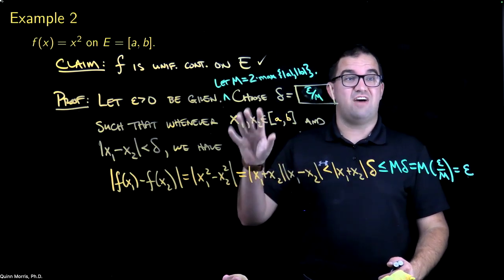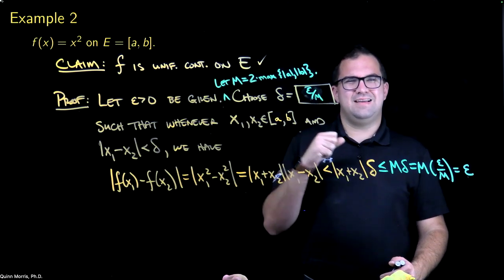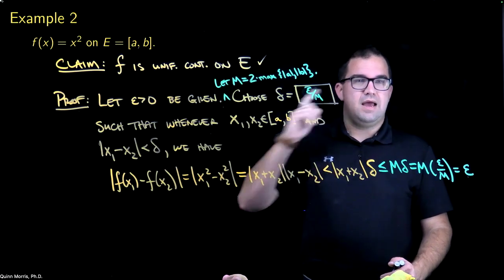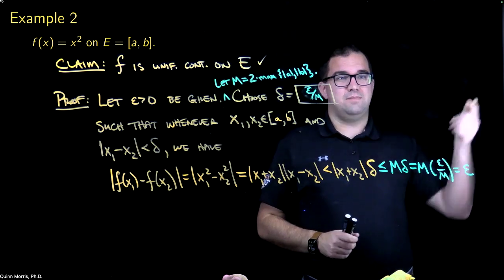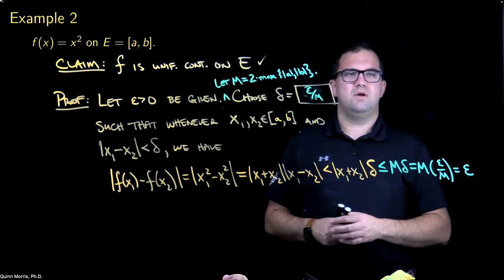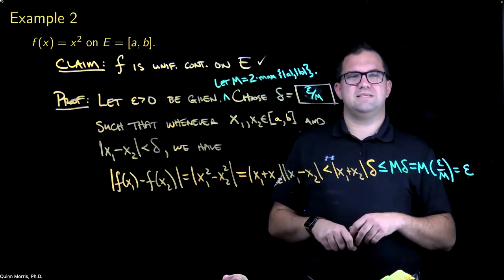Every open cover has a finite subcover. So somehow, even though it's not a finite set, it sort of behaves like a finite set. And I think, if I was looking at this function on only finitely many points, it would certainly be uniformly continuous. So it seems like probably this works for compact sets.